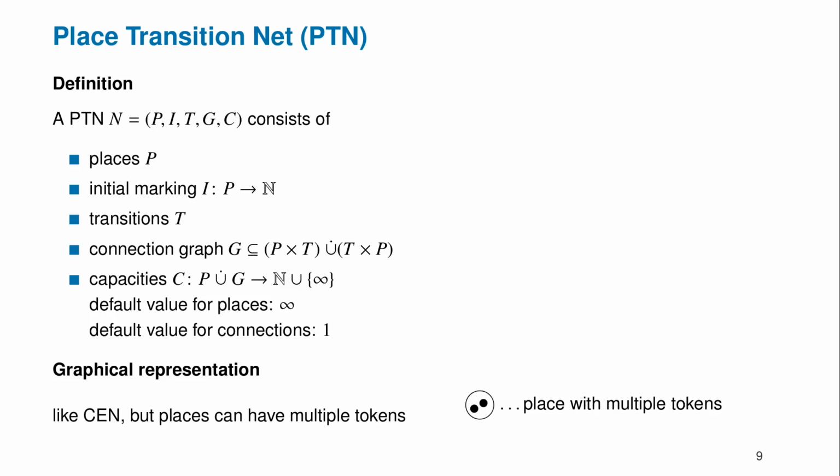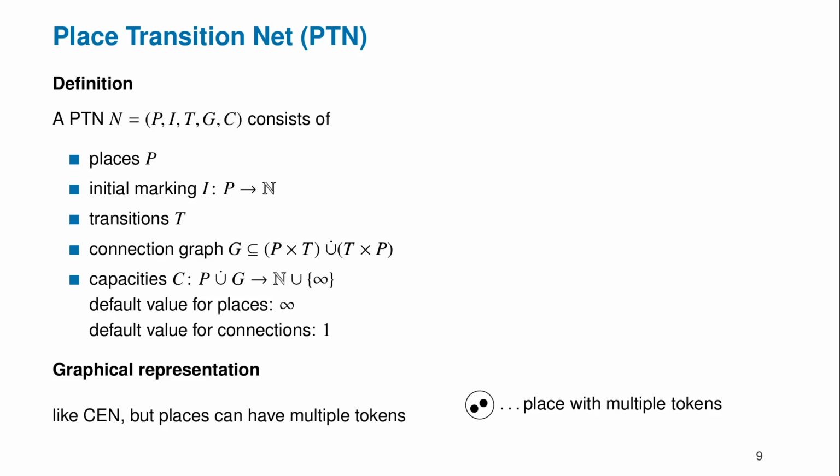So a place transition net is very similar otherwise to the CEN, but with the difference that we have capacities not only on the places which are similar to conditions, but also on the connections.